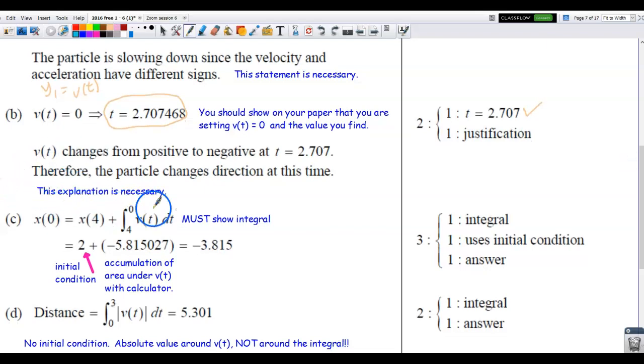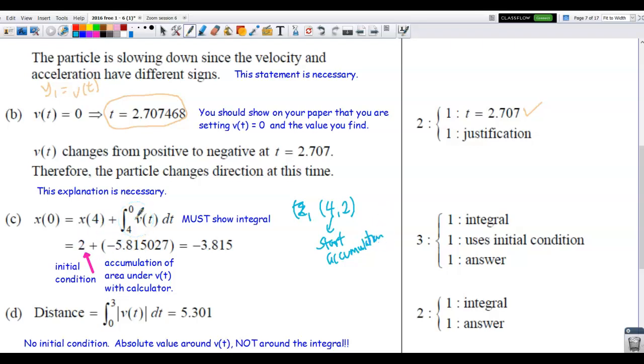We had an initial condition that the particle is at 2. No, I have that backwards. At 4 seconds, the particle is at 2. So this is where I start, and that initial condition was really important to this problem. That's where I start the accumulation of area.